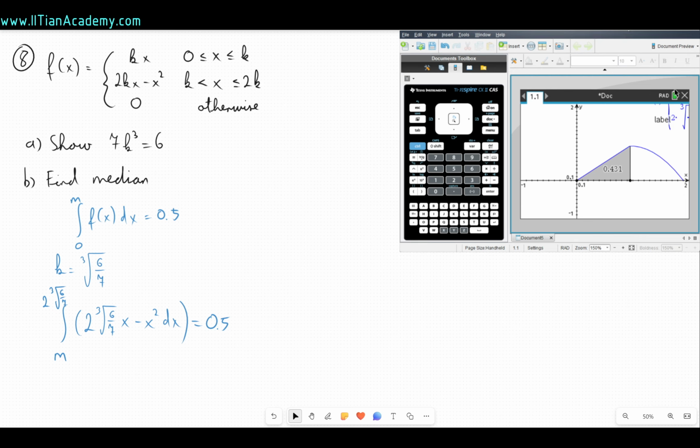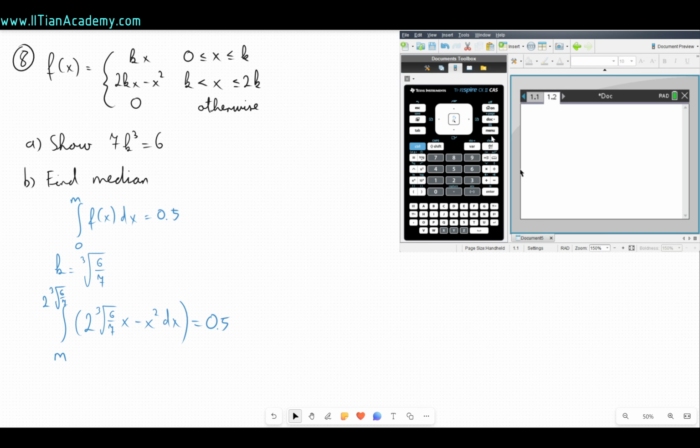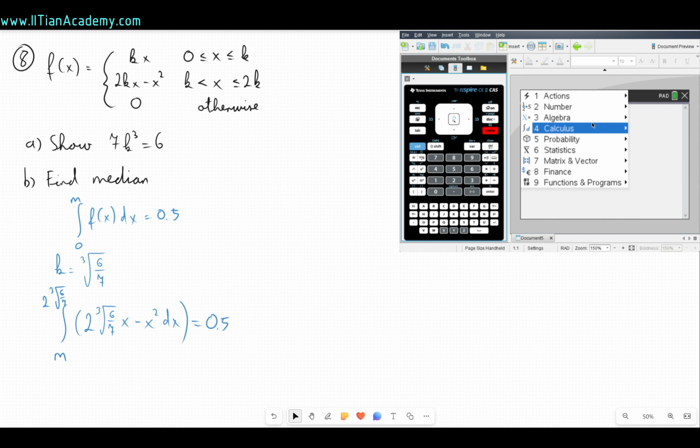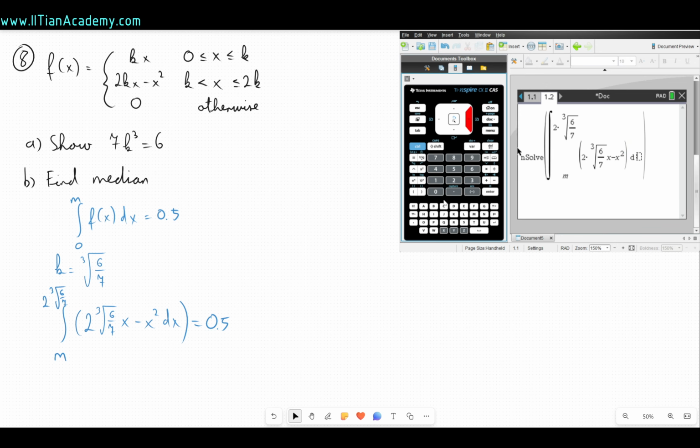So we can do this with our calculator as well. We simply need to go into a calculator and write this integral up in a numerical solve part. So menu, calculus, integral from m to 2 times k, and then over here we have 2 times k x minus x squared, and then dx.